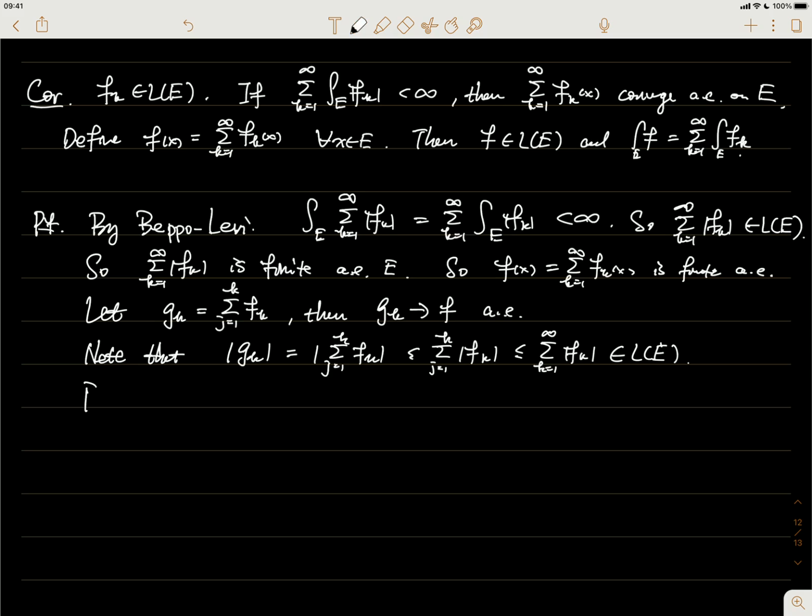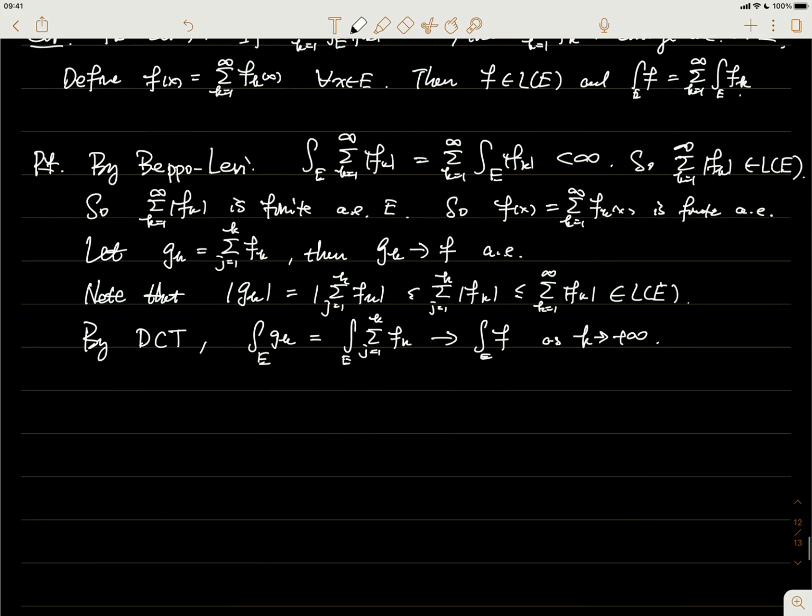So by the dominated convergence theorem, the integral of g_k, which is the integral of the partial sum, will converge to the integral of f as k goes to positive infinity.